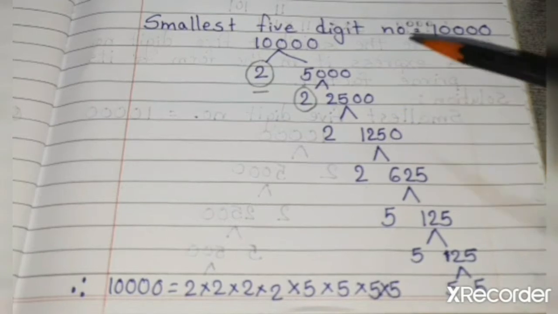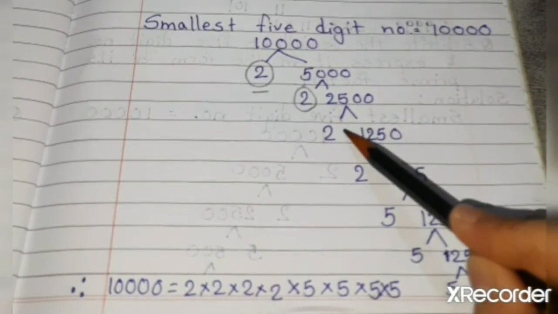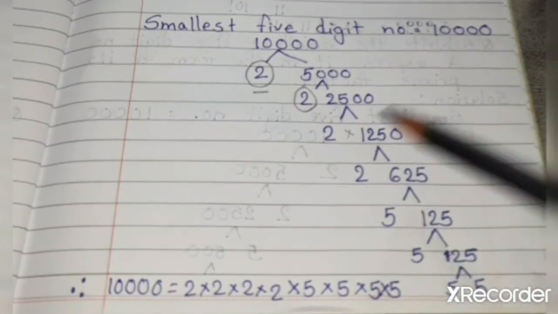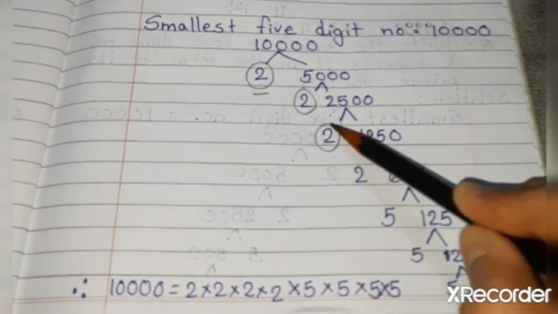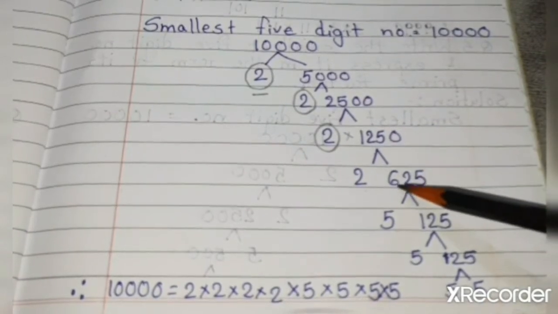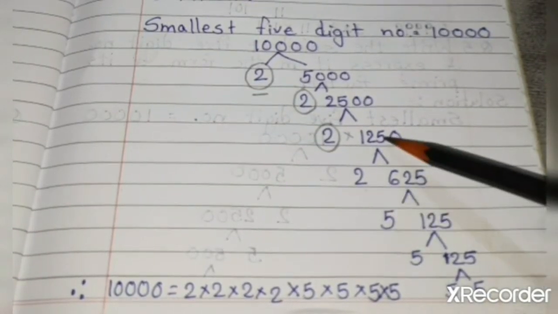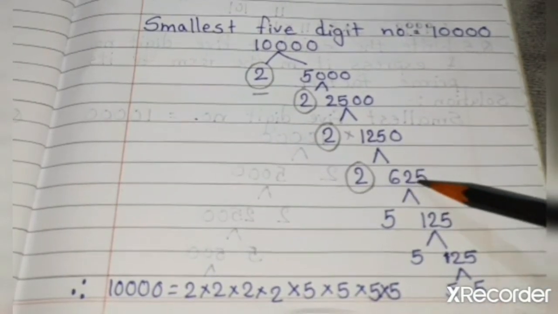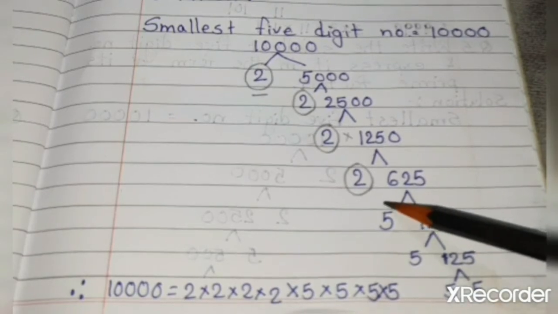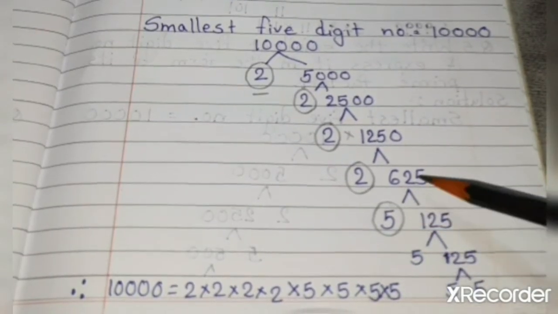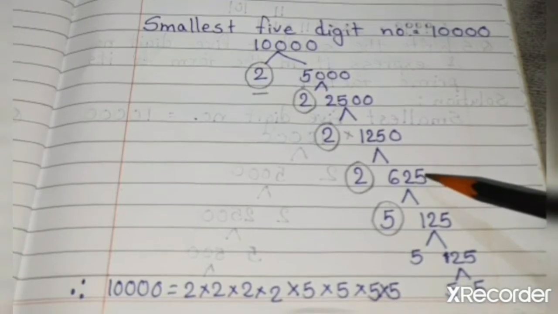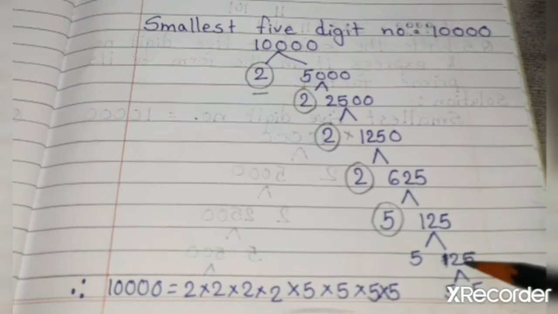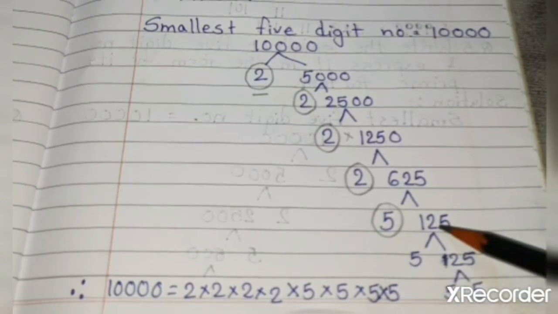2,500 is the product of 1,250 into 2. So here we got a prime number. 625 into 2, that is 1,250. Now 125 into 5, that is 625. 125 comes in which table? 25 fives are 125.